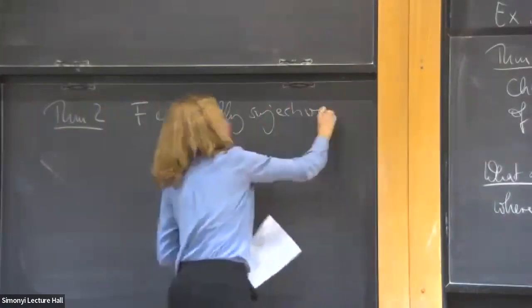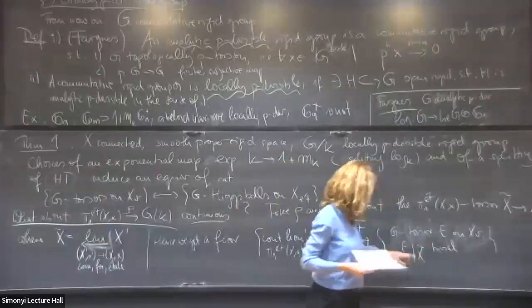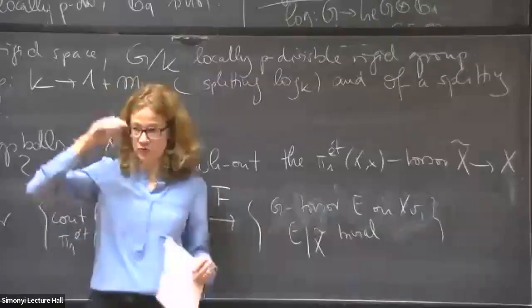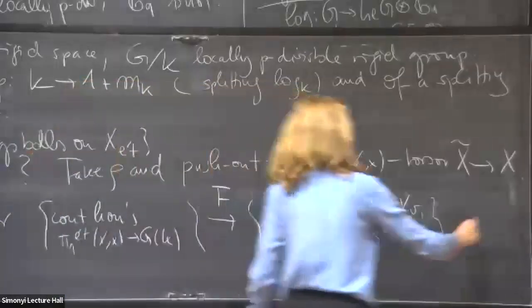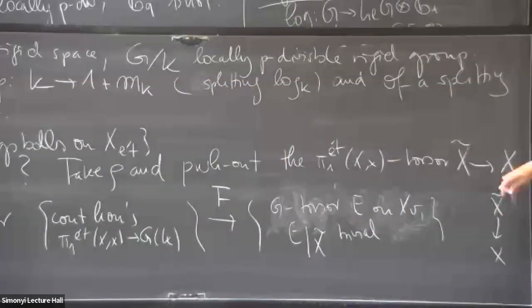So whenever you have a torsor for the V topology which is trivial on the universal profinite cover, you can play your game by looking at the descent data you get for this thing.